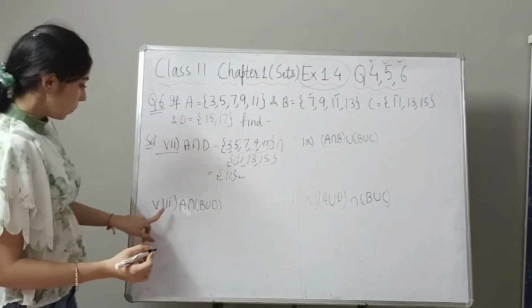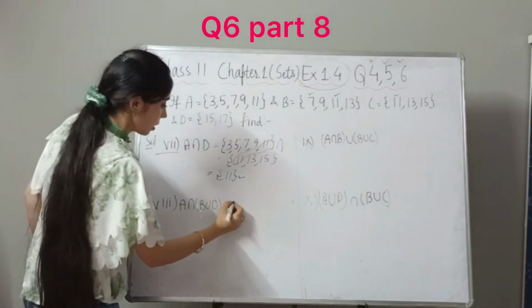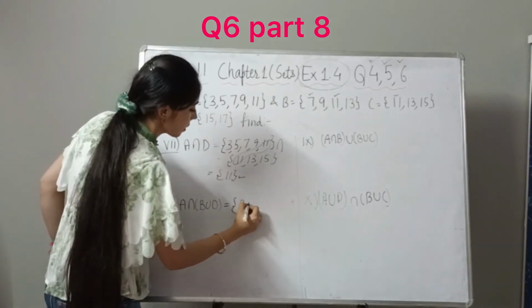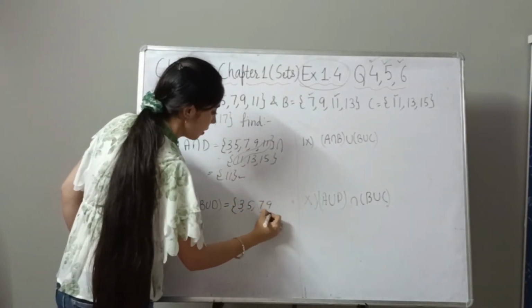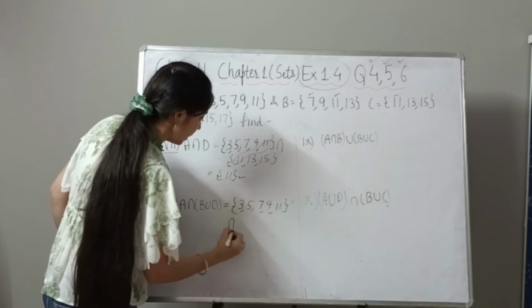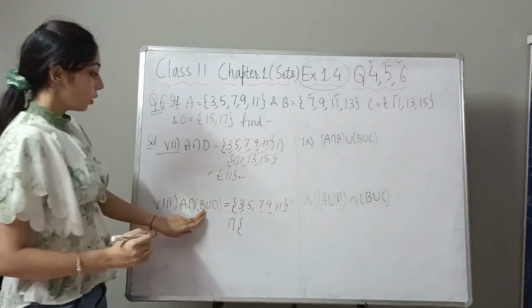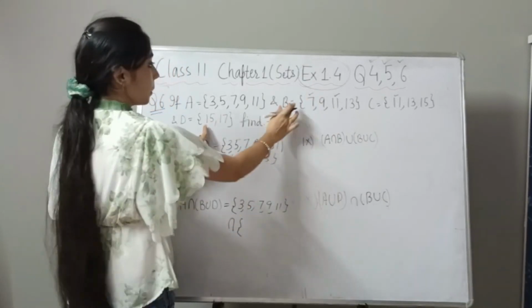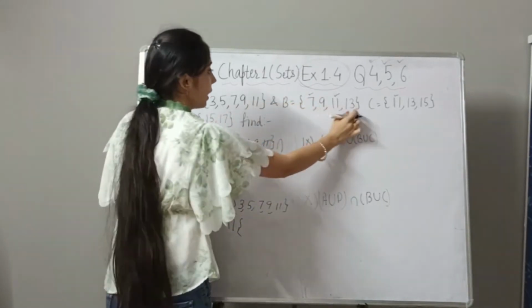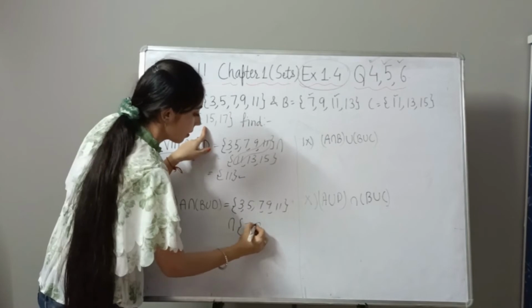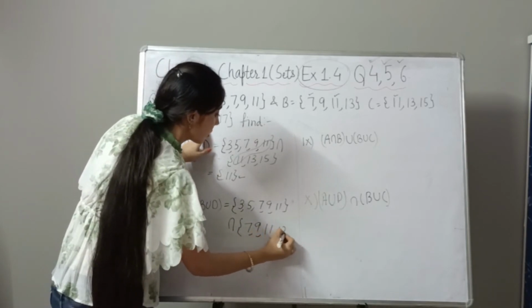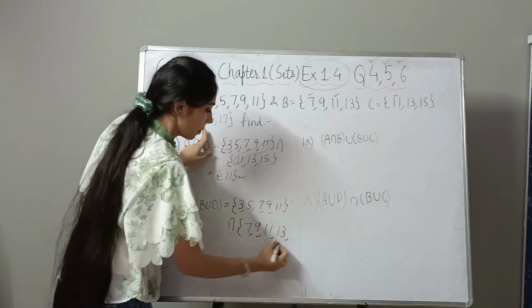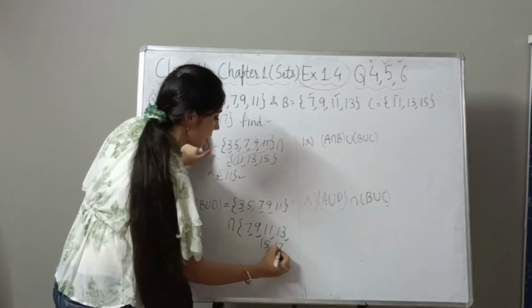Okay. So next is A intersection B union D. What is A? A is 3, 5, 7, 9, 11. We have to find the intersection with the union of B and D. So what is B union D? This will contain all the elements of B and D. Okay. 15 and 17.